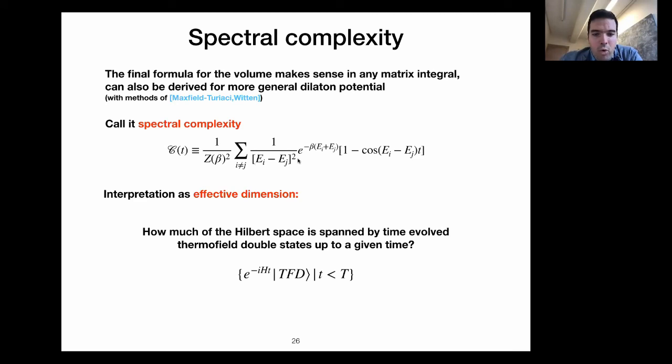And now I will try to give you one interpretation for this quantity, which is the following. You can think about this quantity as measuring how much of the Hilbert space is spanned by time-evolved thermofield double states up to a given time. So you can think about this set of states for times smaller than t, and how much of the Hilbert space roughly this spans.